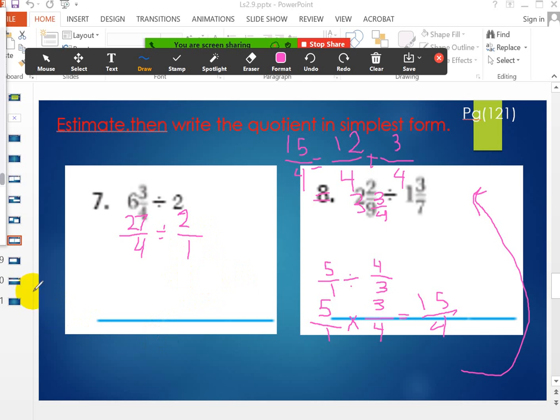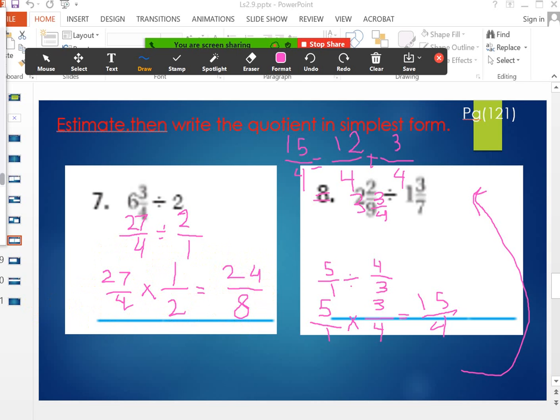Okay. Now I want to convert from division to multiplication. So it will be 27 over 4 multiply what? Multiply 1 over 2. Very good. Let's find it. 27 multiply 1, 27. 4 multiply 2, 8. Very good. Thank you so much.